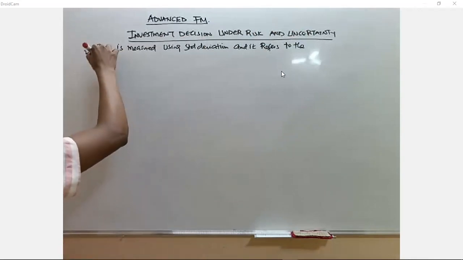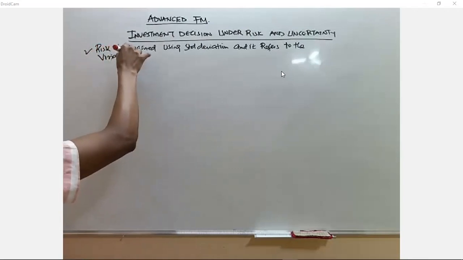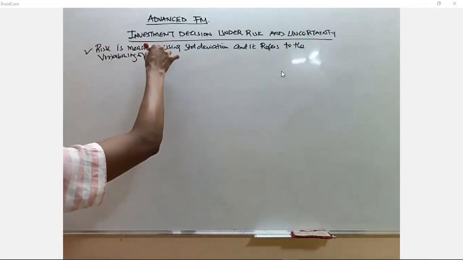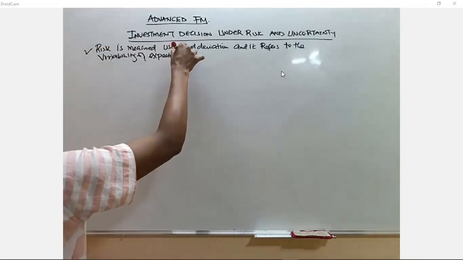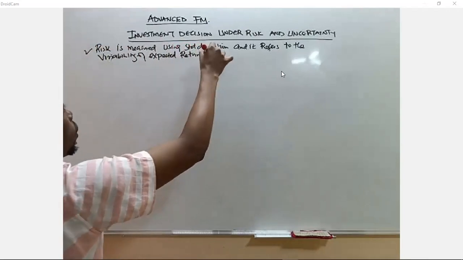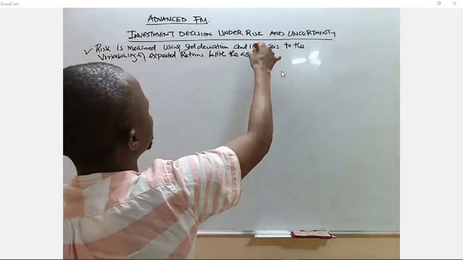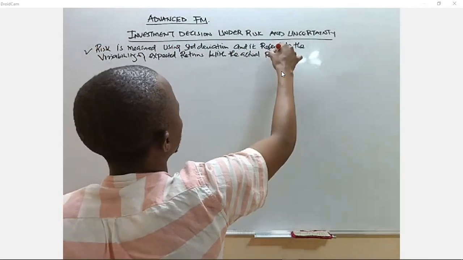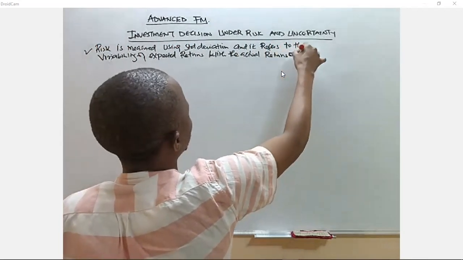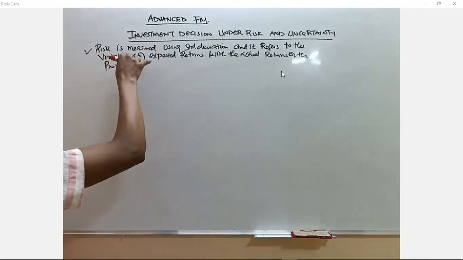Sorry, it should be variability of expected returns with the actual returns of the project.